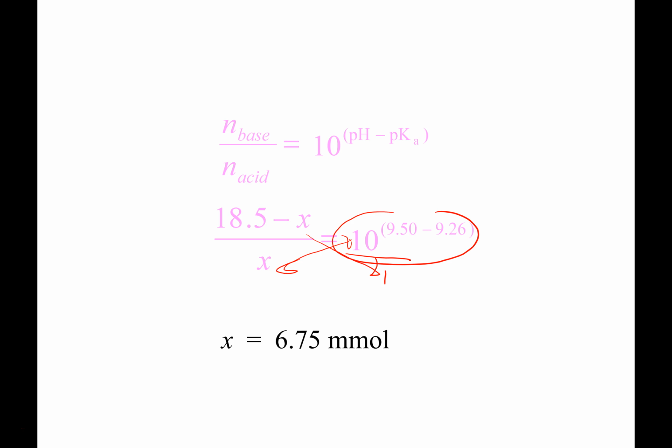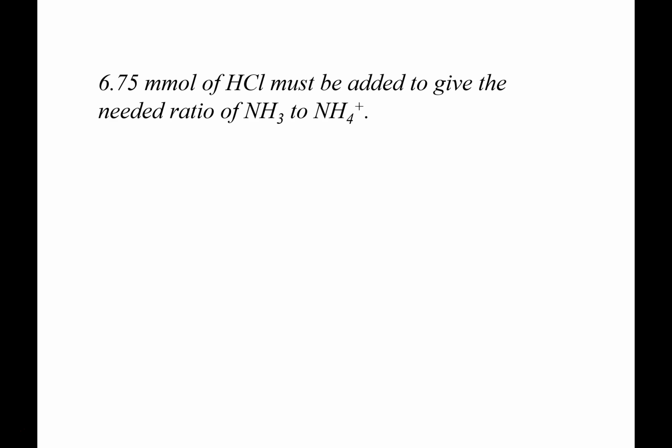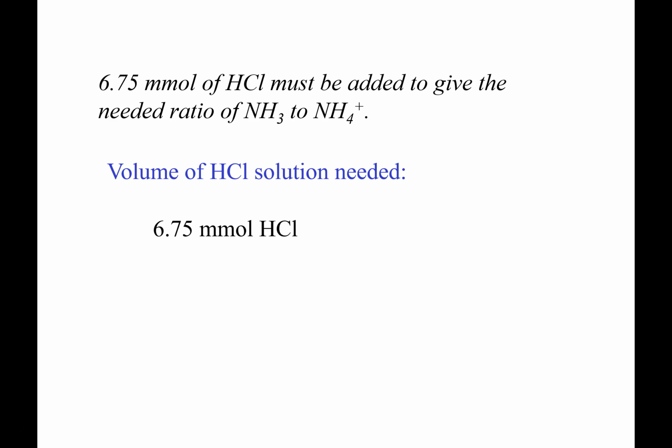Okay. So we know the molarity, and so we should be able to get volume. So 6.75 millimoles, and from the molarity, we have 1 milliliter will contain 0.0883 millimoles of HCl.